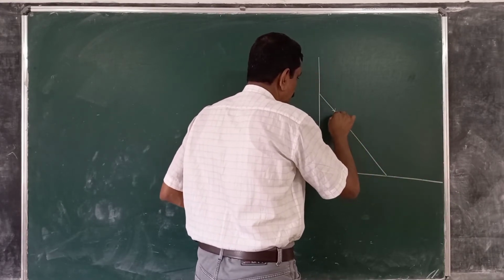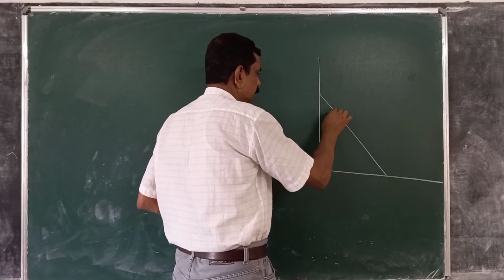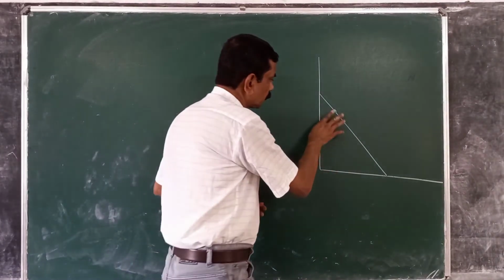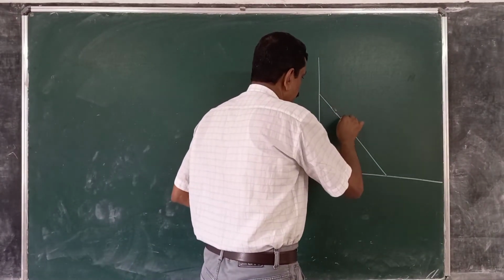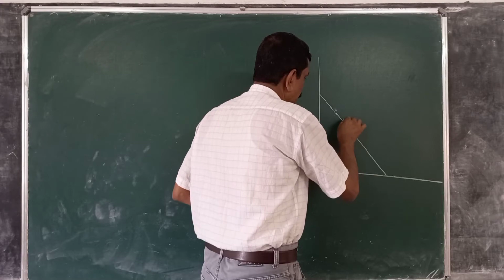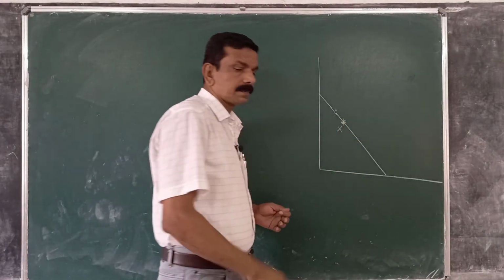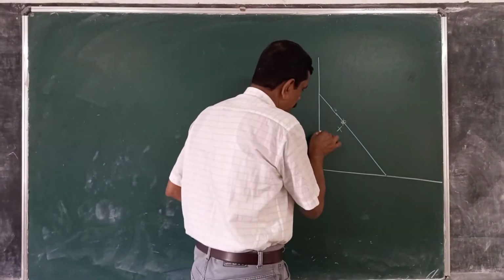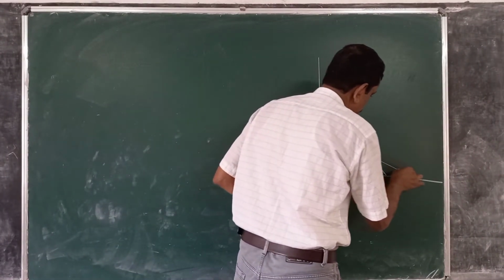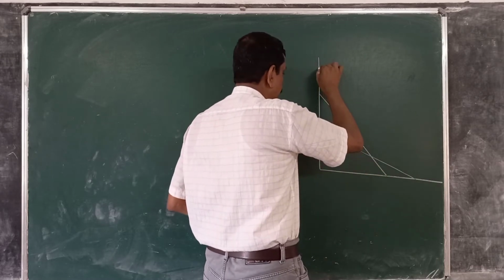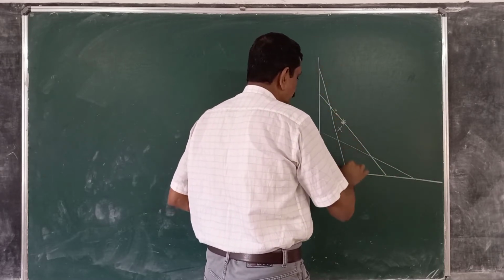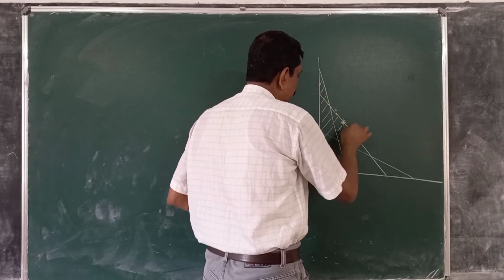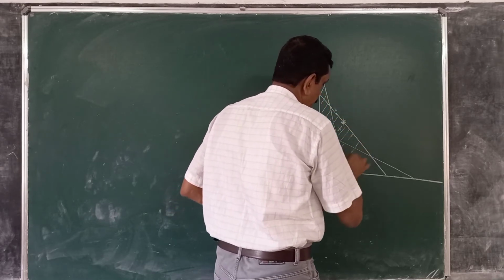A bundle X. And as we have discussed in the previous class, these shaded areas represent worse bundles.